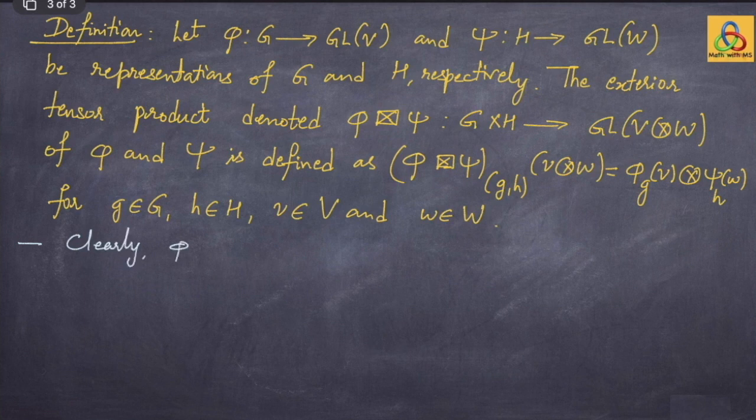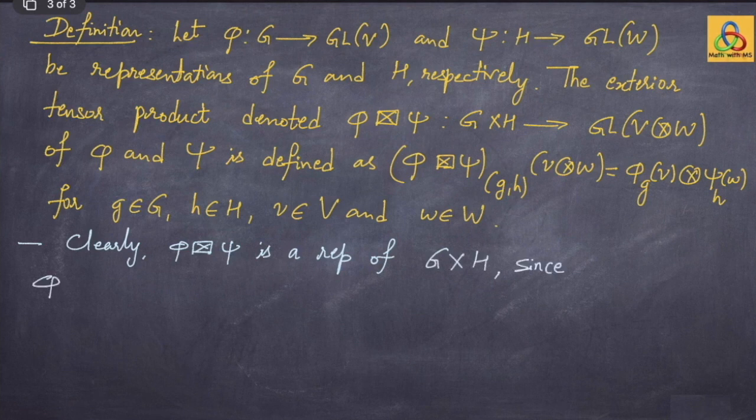One can easily check that this exterior tensor product is indeed a representation of G cross H. We need to show it's a group homomorphism, so maybe we can check it. Consider phi exterior tensor psi acting on the product of two elements in G times H, which is (g,h) into (g',h').